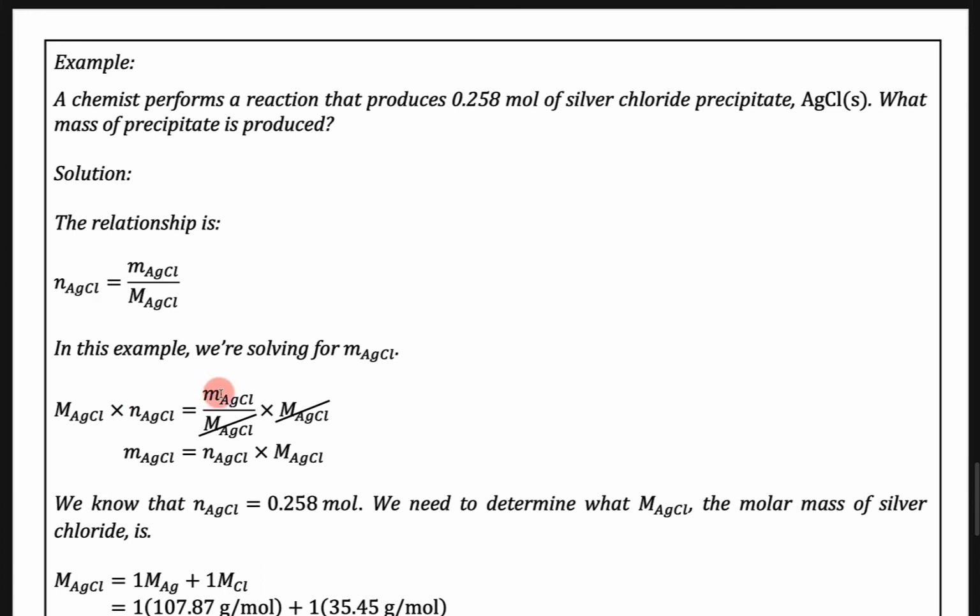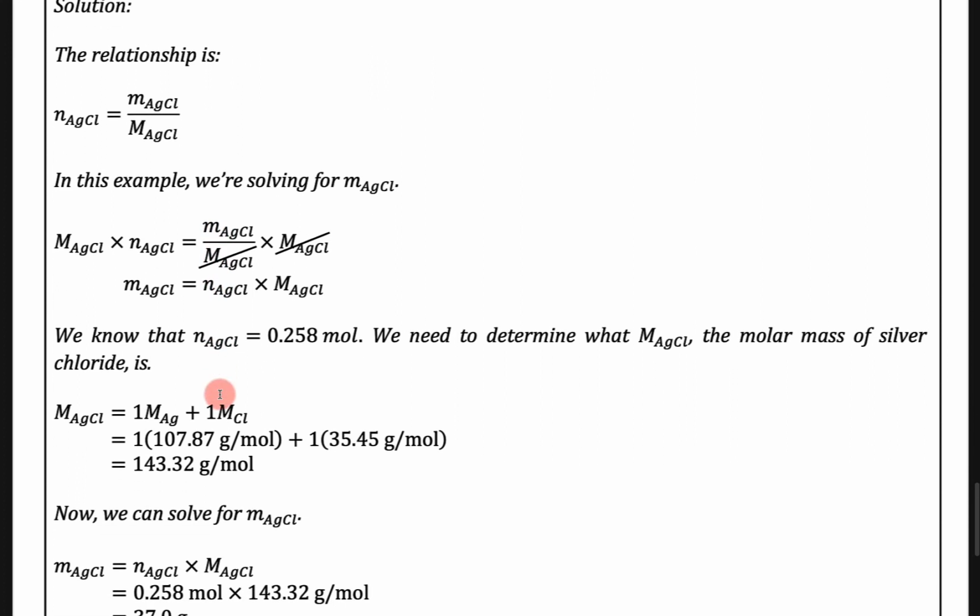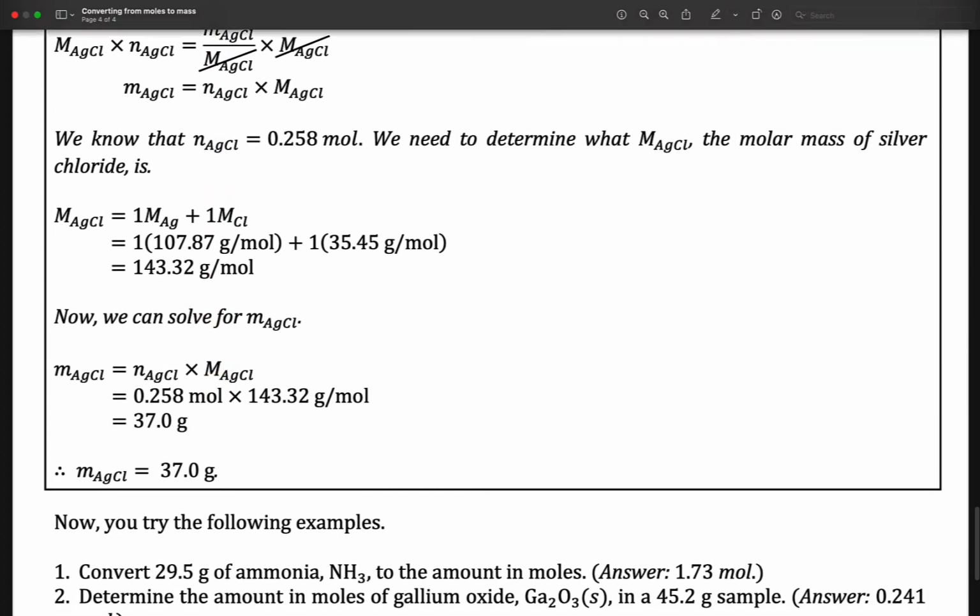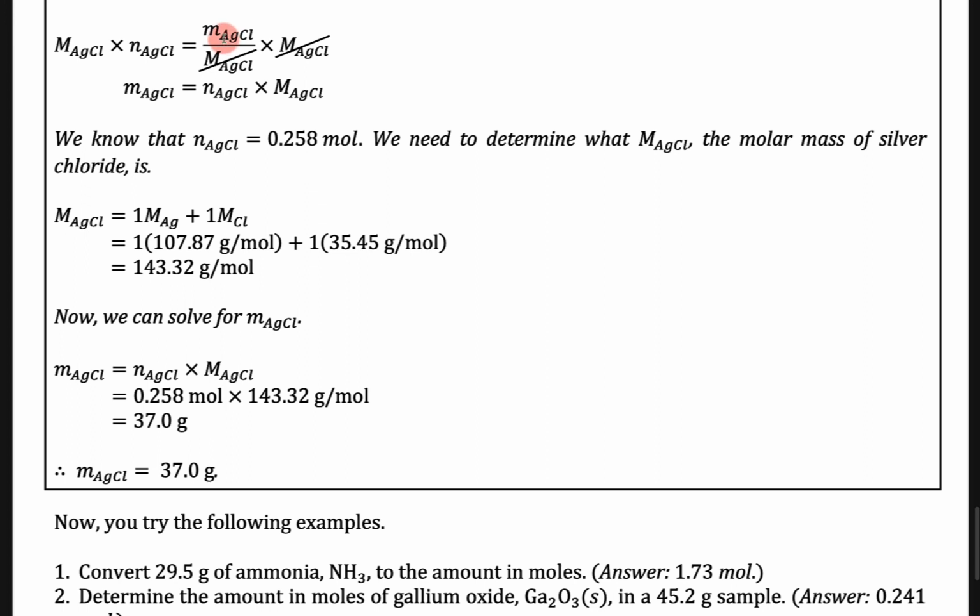That gets the mass of silver chloride on its own. And so that gives us that the mass equals the number of moles times the molar mass. So I'm just solving for the mass in these lines. Just isolating the mass, getting it on its own.